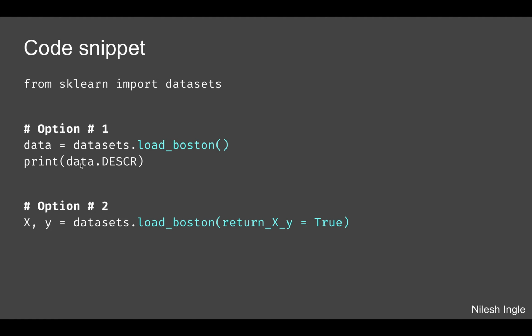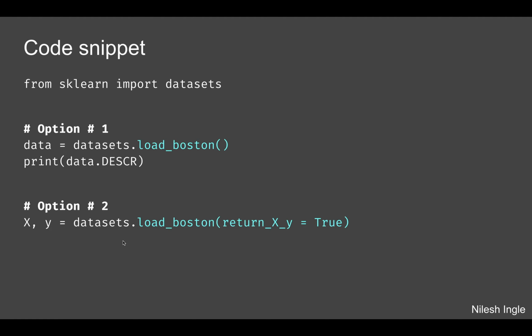And if we then print data.DESCR, it gives the entire description of what the dataset consists of, what the columns are, the descriptions of those columns, the references, the source of that data, all the details.